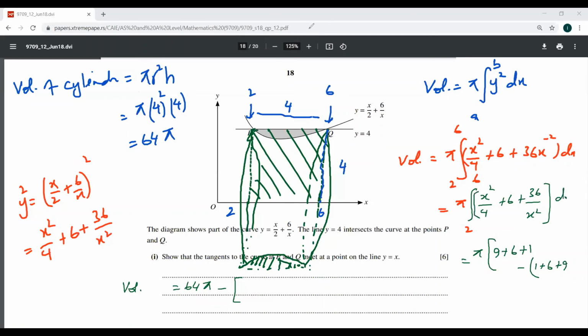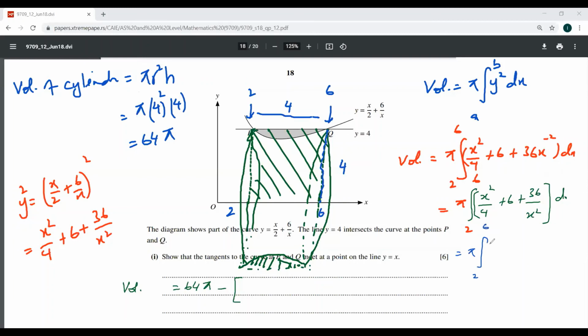So let me integrate this first. I was getting 0, I got confused. Okay, what is happening?